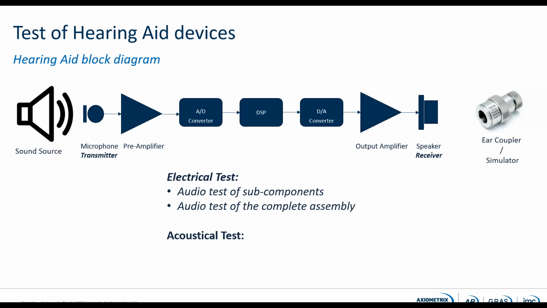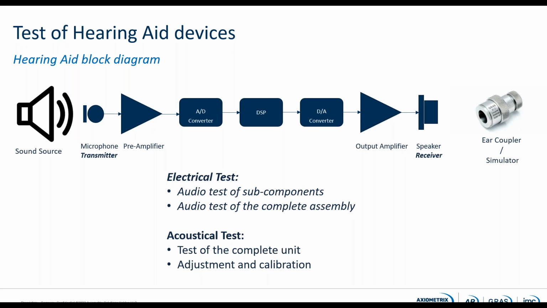When we are doing the acoustical test, we need a sound source in front of the microphone to generate the test signal we would like to have, and in the other end, we mount a coupler over the receiver, so we are able to measure the output of the hearing aid.